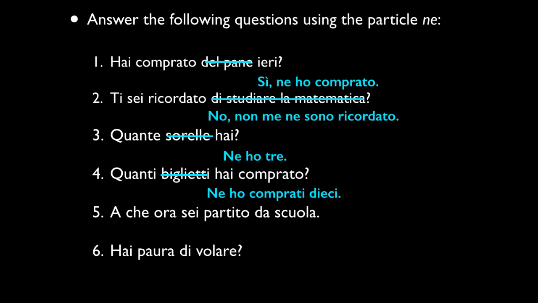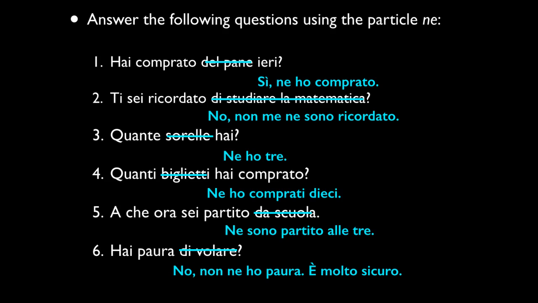Number 5, a che ora sei partito da scuola? Here we have movement away from a place. So, replacing da scuola, ne sono partito alle 3. Number 6, hai paura di volare? And no, non ne ho paura. I'm not afraid of that. È molto sicuro. It's very safe.